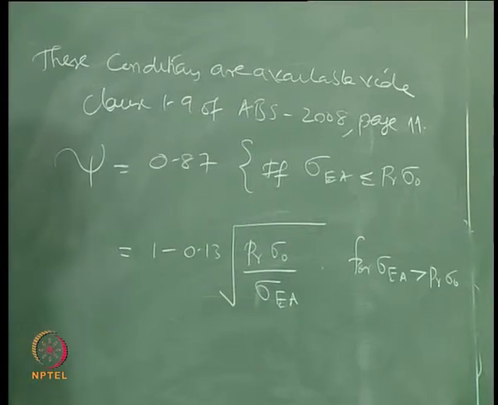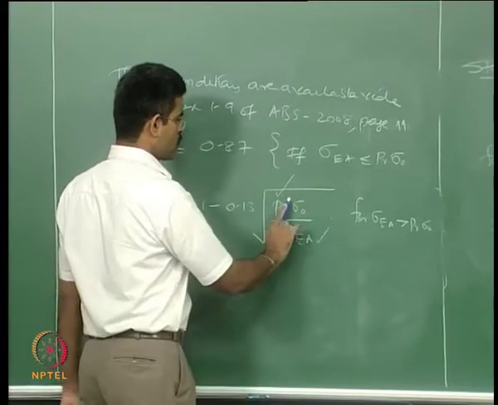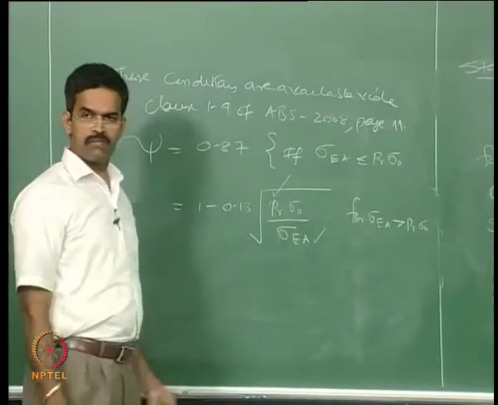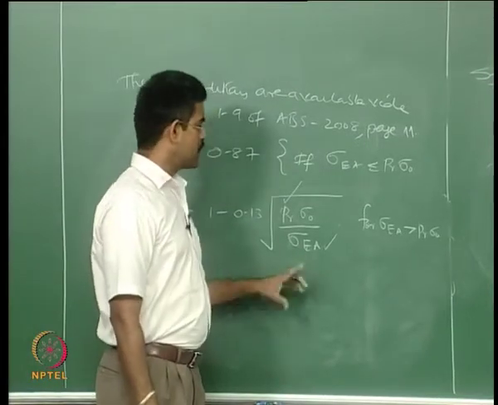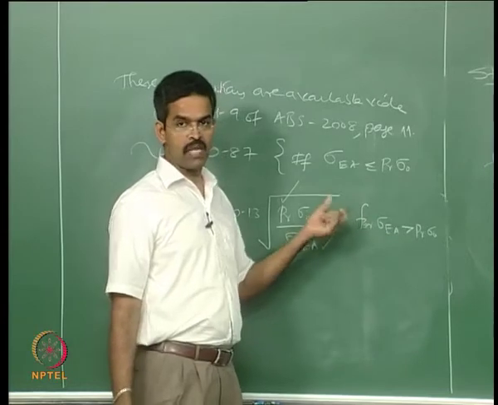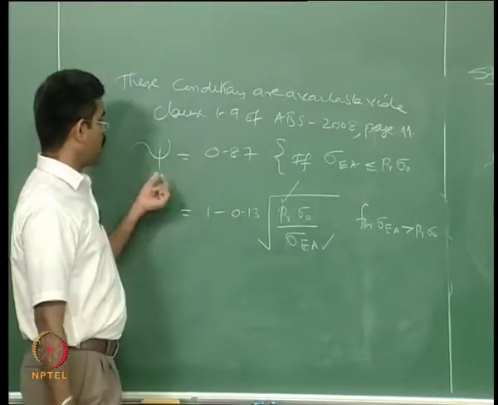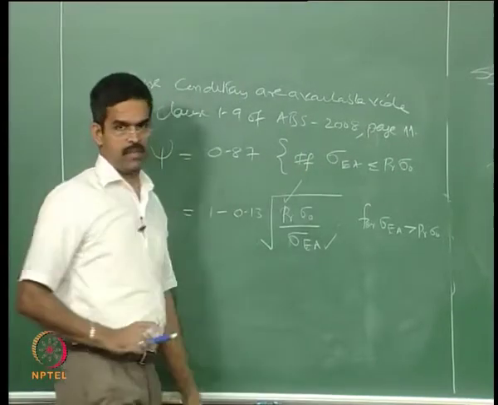So, we must know the value of PR, the value of sigma EA, and of course, we already know the value of sigma naught for this given section. If we know these values and check whether this condition or this condition is satisfied in the given problem, substitute and find out psi, which we call the adjustment factor.